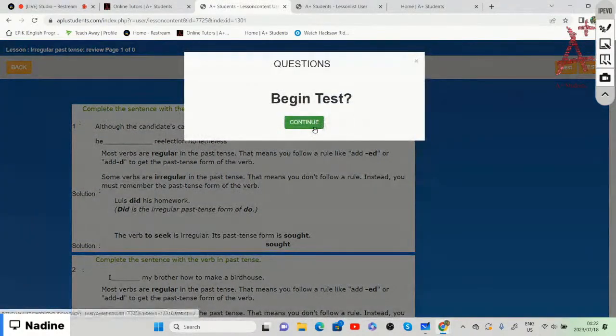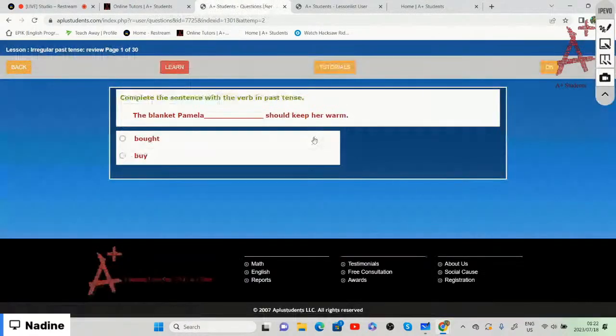All right, so now we're going to begin the test on irregular past tense review. The blanket Pamela bought or buy should keep her warm. So we need to choose the correct form of verb to show the tense has changed.